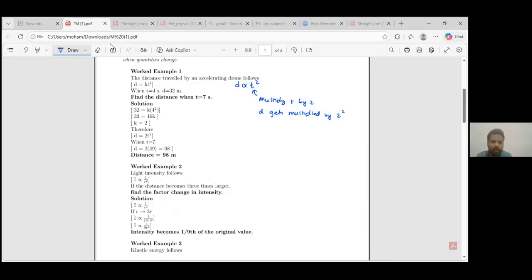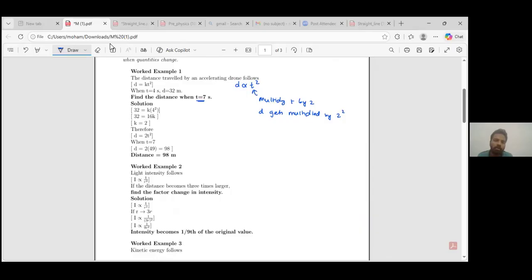The distance traveled by an accelerating drone follows d equals kt squared. Now they've given a certain situation: at t equals 4 seconds, d is 32 meters. Find the distance when t equals 7 seconds. So they've given the value when t is 4 seconds, and they are expecting us to find the distance when t equals 7 seconds.